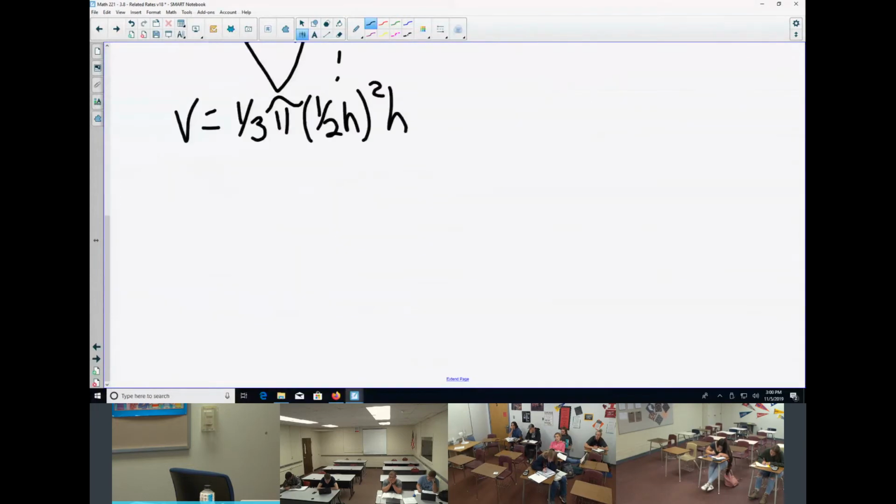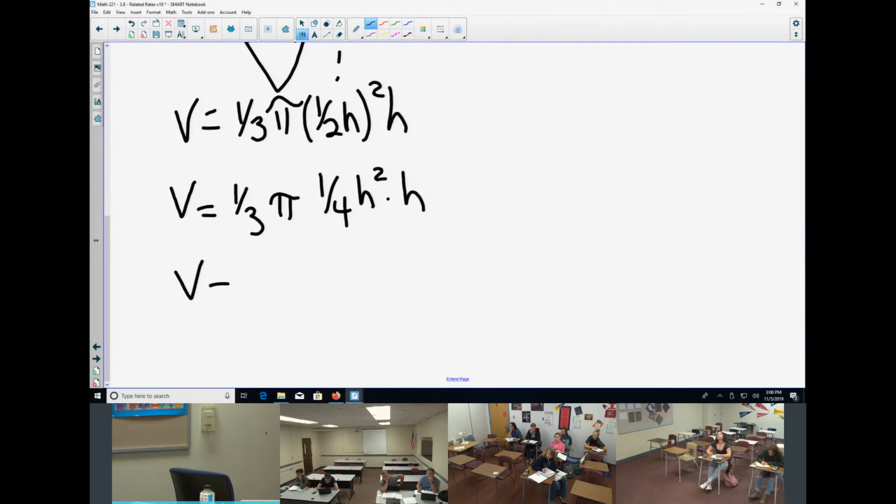So we get V equals 1/3 pi, so this is 1/4 h squared times h. So I get V equals 1/12 pi h cubed.